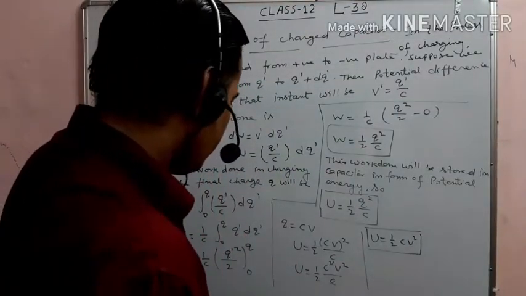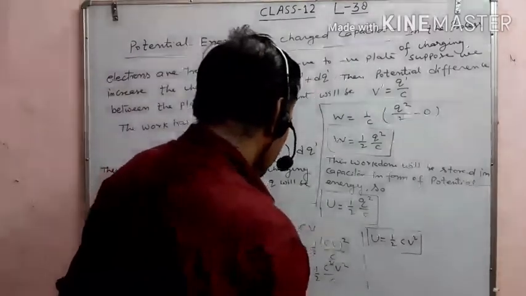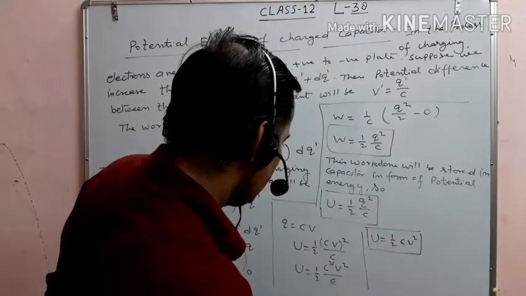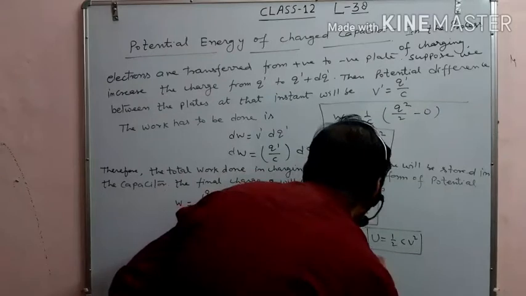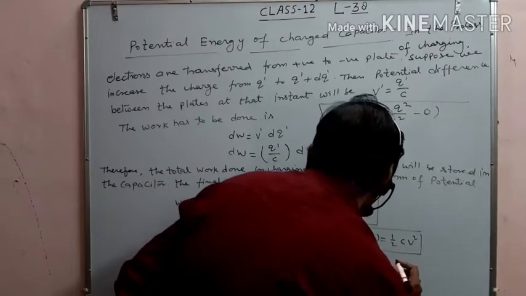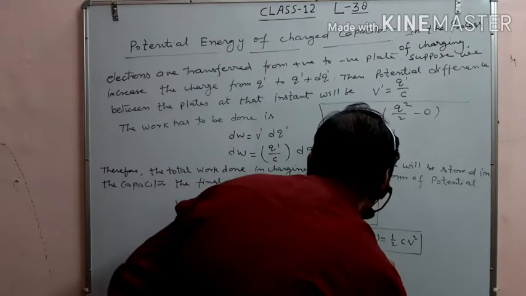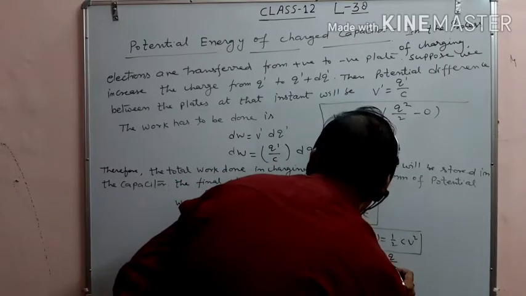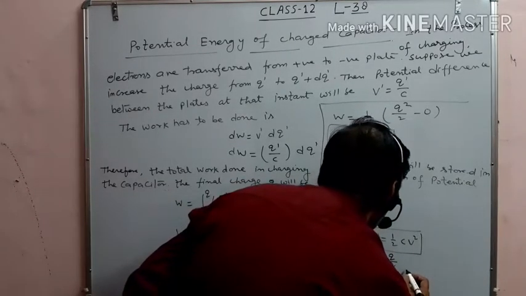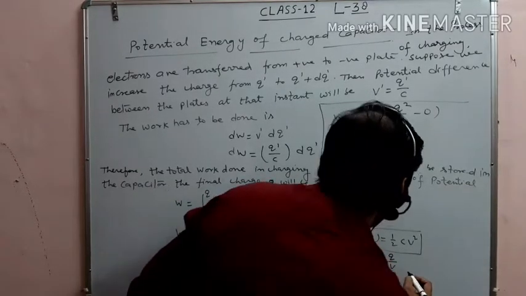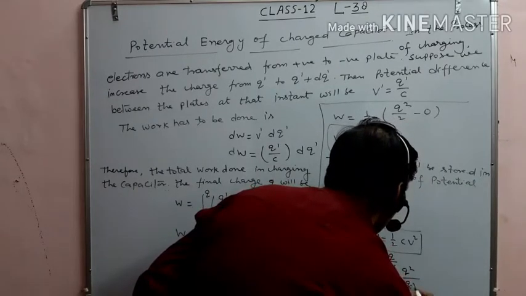Another form you can get if you put the value of C is equal to Q upon V there, so U becomes half Q square upon C, that is Q upon V.